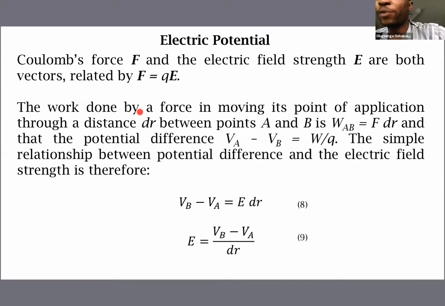The work done by a force in moving its point of application through a distance dr between points A and B is WAB, which is just force times distance, like we said earlier, and the potential difference VA minus VB is equal to W over Q. The simple relationship between potential difference and electric field strength is therefore VB minus VA equal to E dr. And our E is equal to the potential difference divided by the change in distance.